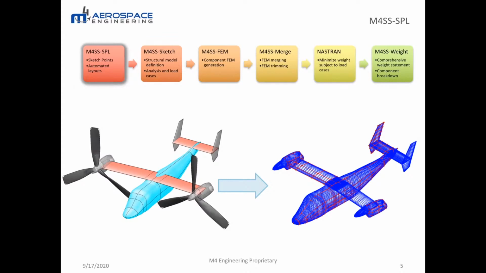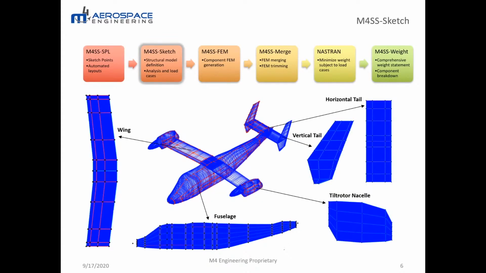The next step is what we call sketch. This is a very detailed step in the workflow where you're going to assign all the material properties. You're going to identify all the structural components, in addition to any that were defined during your automated wing or fuselage layout.